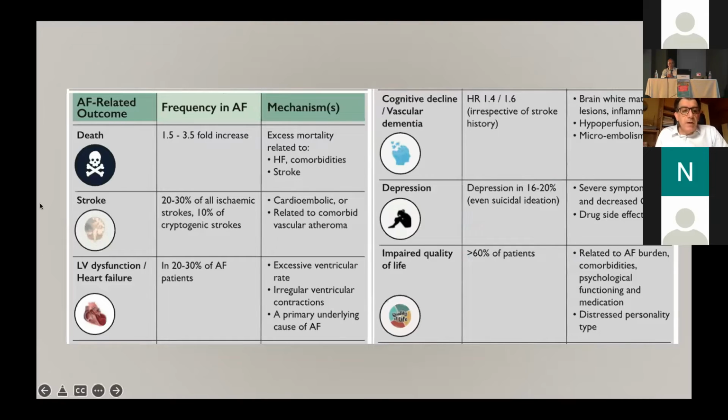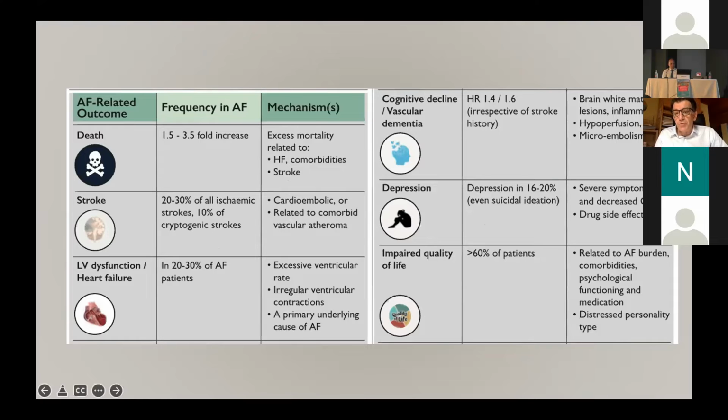You could have more deaths, and the excess mortality could come with the comorbidities: stroke and heart failure, left ventricular dysfunction, vascular dementia, depression, and, more important, the quality of life.